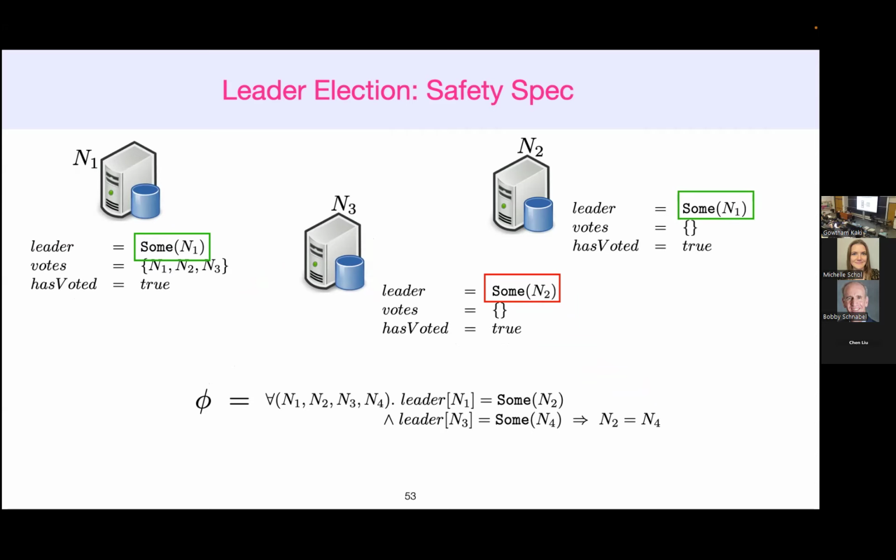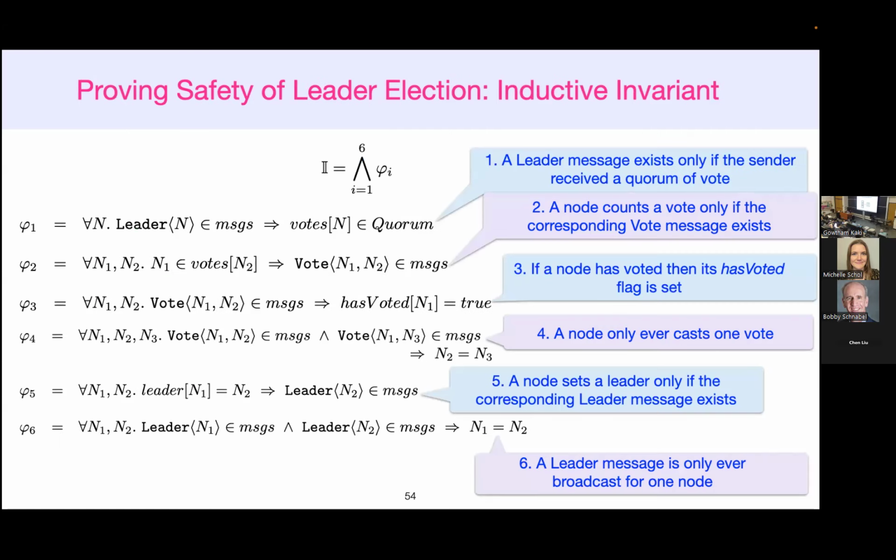So if you have an implementation of this simple leader election algorithm, how do we formally verify this particular safety property? Well, it turns out to verify this, you need a whole bunch of inductive invariants. These are special properties. You do not have to understand exactly what these mean, but they capture the key properties of the system, right?